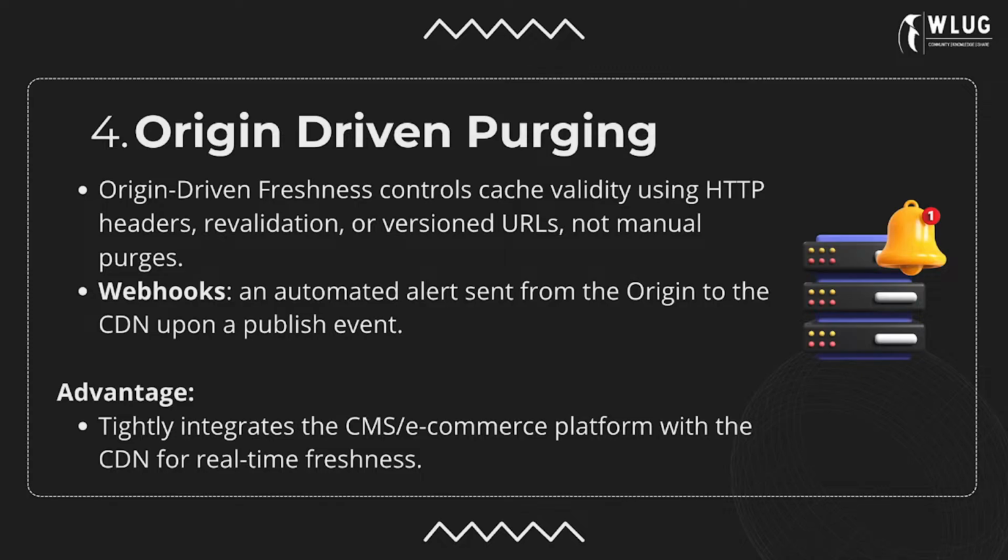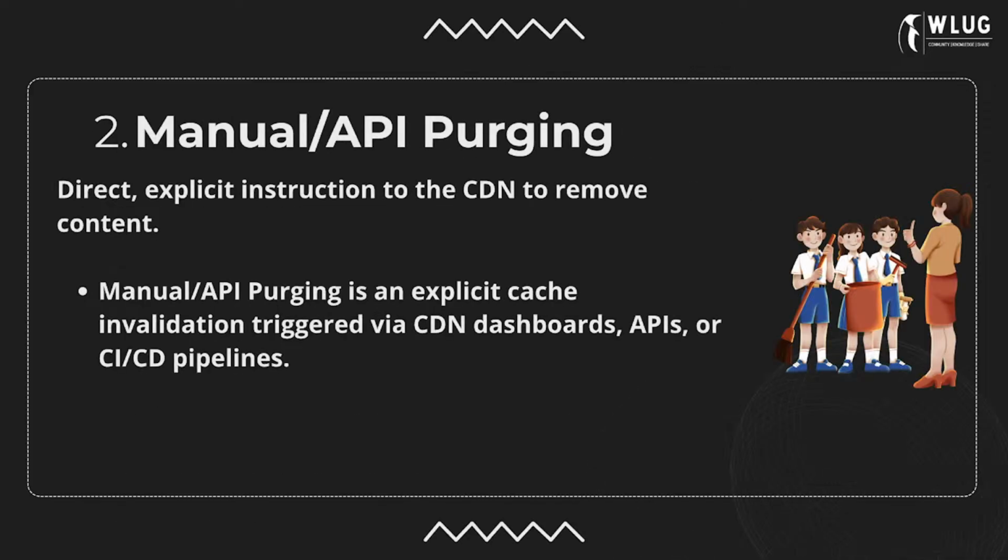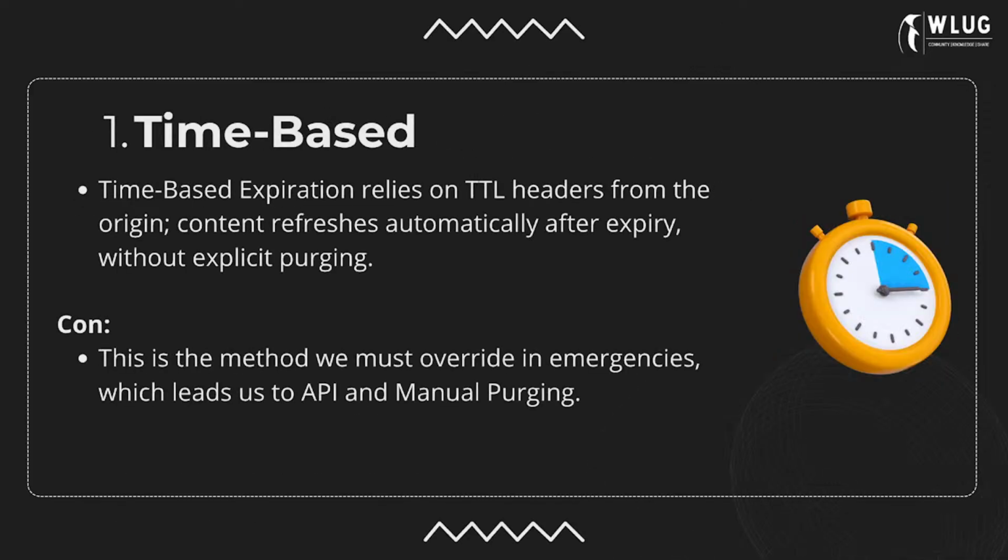Okay, I will also summarize all of the four methods using a simple analogy of an e-commerce website. Suppose you're using a website like Flipkart or Amazon or any other website. The time-based purging in these conditions would be, for example, when you visit the website, what are some of the things that usually don't change?